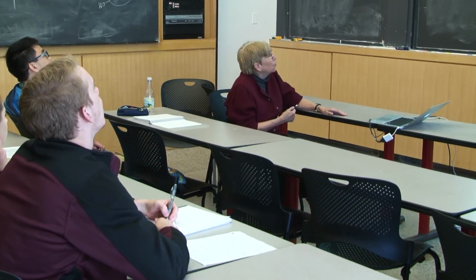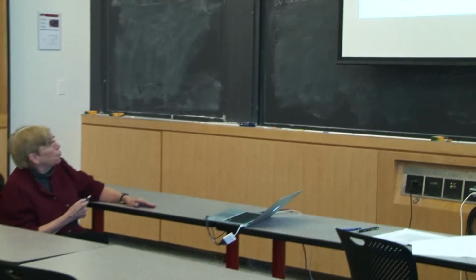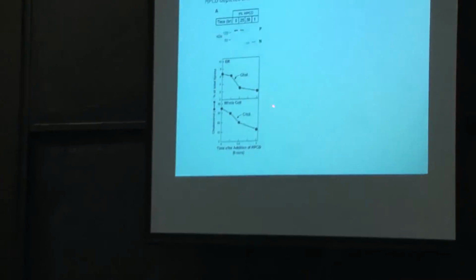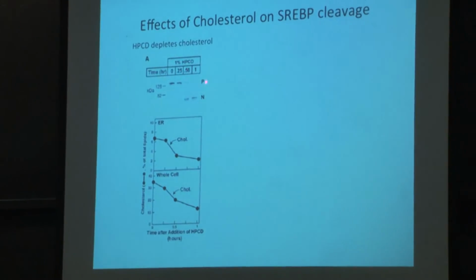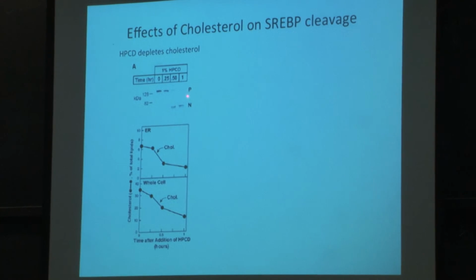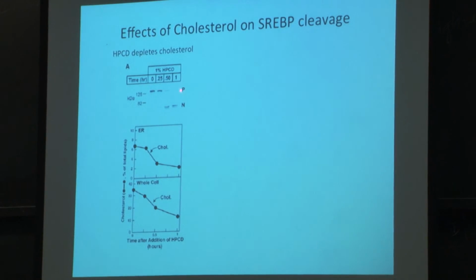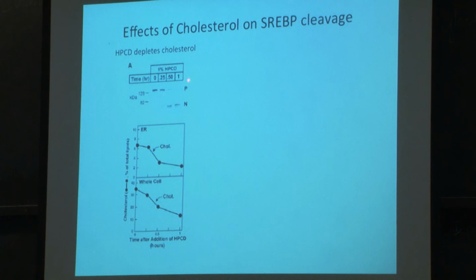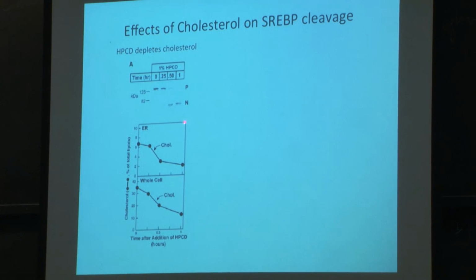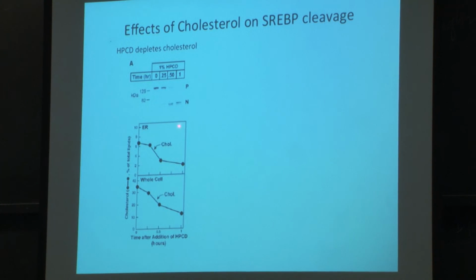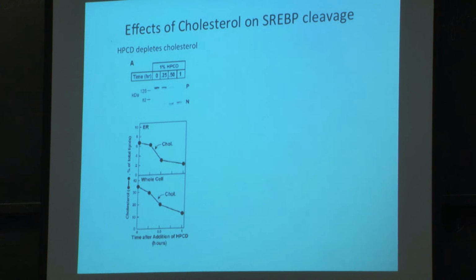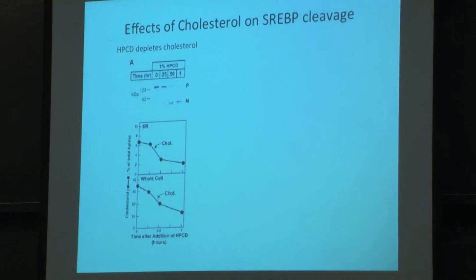And then what they do is, this is a typical assay. What you can do is this removes cholesterol, and you can see it change. This reports on low levels of cholesterol, which is happening over here, and allows the protein to move to the nucleus, and that's how they do the correlation between the levels in the nucleus and the levels of cholesterol.